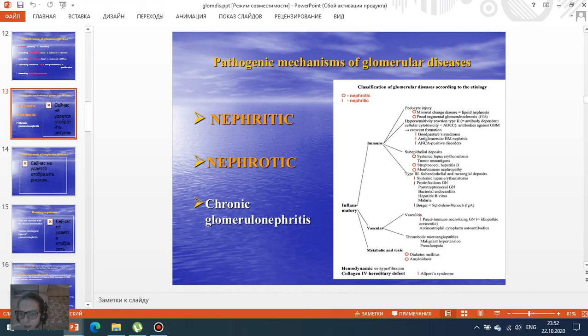It's idiopathic crescentic, and it may be thrombotic microangiopathies, malignant hypertension, and a collagen 4 hereditary defect in Alport syndrome.